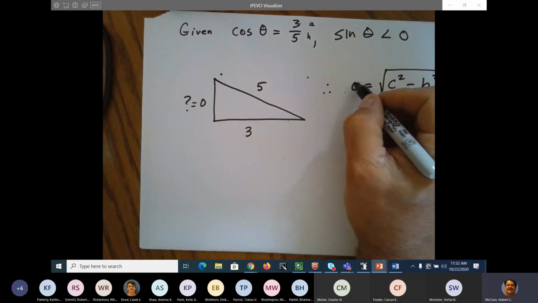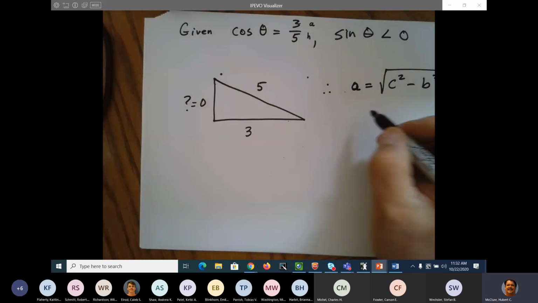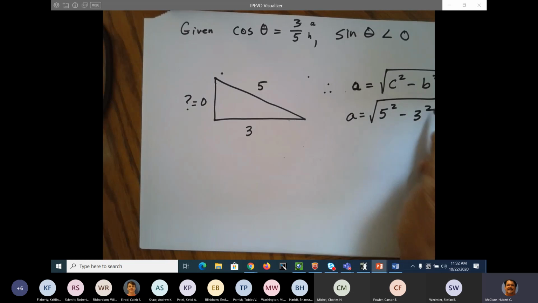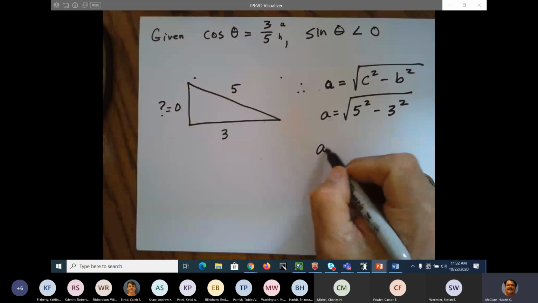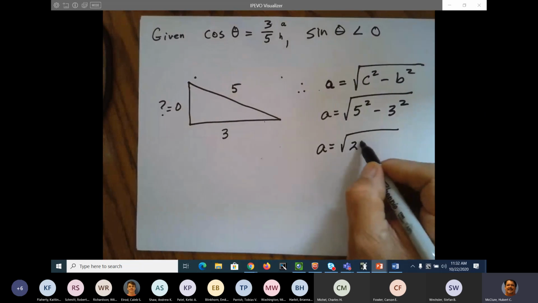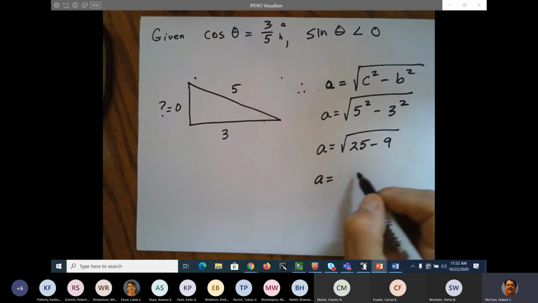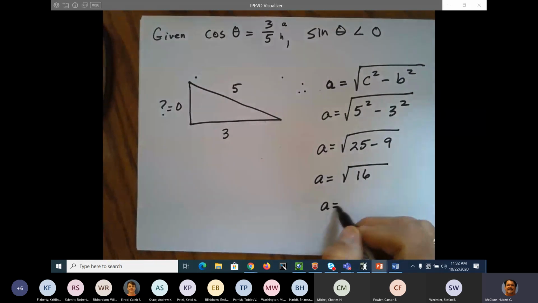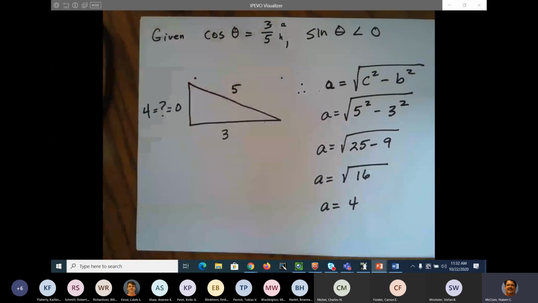We'll call this A. And A is equal to 5 squared minus 3 squared. And A is equal to the square root of 25 minus 9. 25 minus 9 is 16. A is equal to 4. So our opposite is equal to 4.